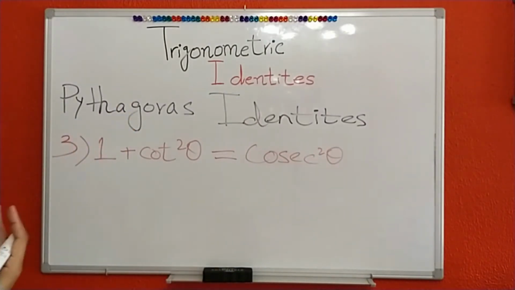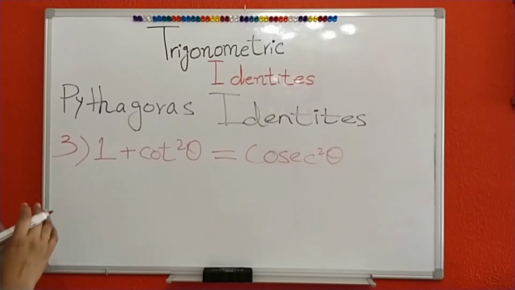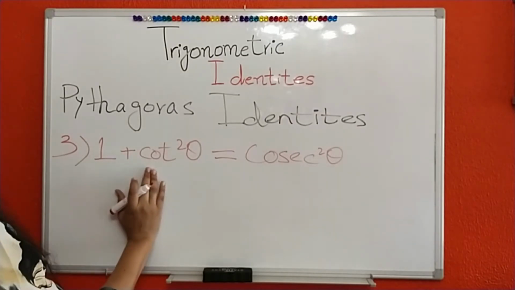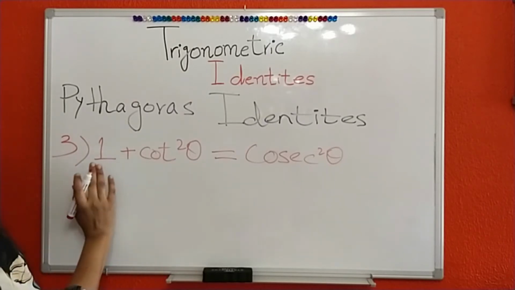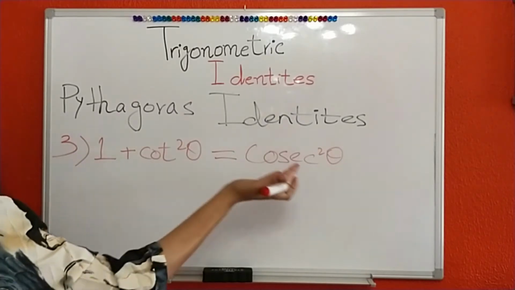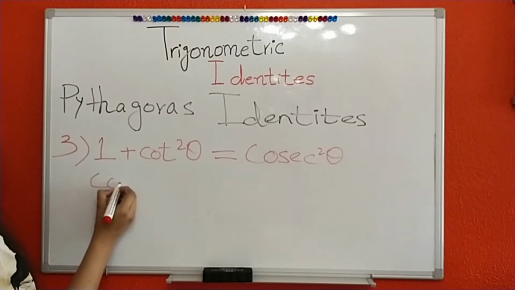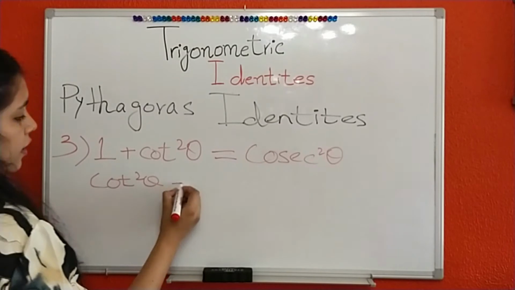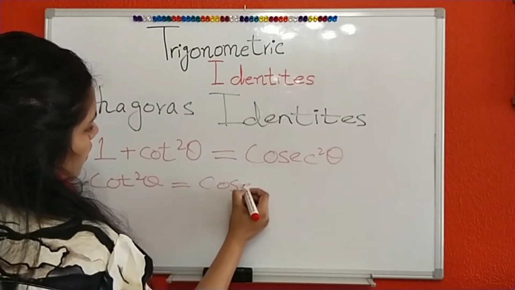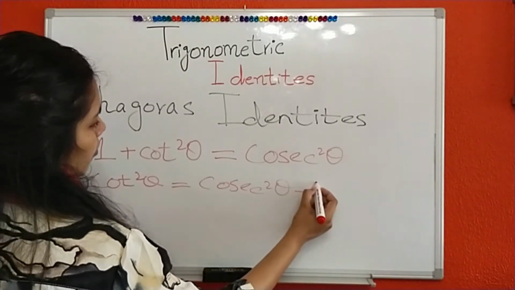I can generate two more formulas from this as well. If I want the formula of cot², what will I do? I just shift the one on the other side or on the right side. So cotangent² is equal to cosec² minus 1.